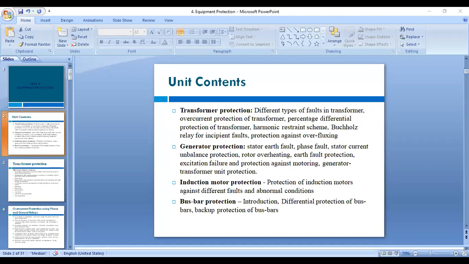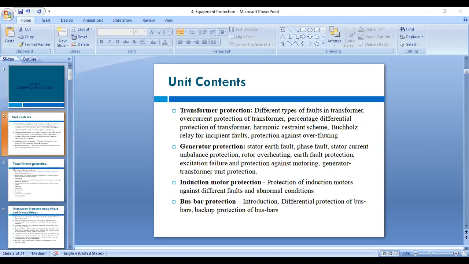So here also we are using different relays. We have seen the overcurrent relays, right? Here we are setting the value for such faults. We have seen the practical of the numerical overcurrent relay. In that, there is also earth fault and phase fault setting.